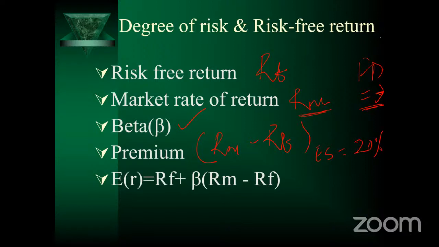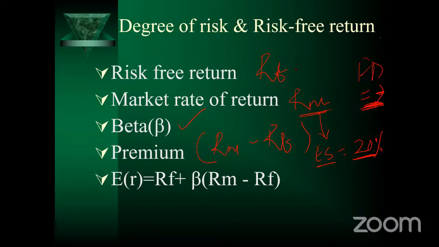Are you getting my point? So here I can say this is the market rate of return. That means I am expecting from the market the highest rate of return offered by equity shares, and the minimum rate of return without taking any risk offered by the fixed deposit of any commercial bank.